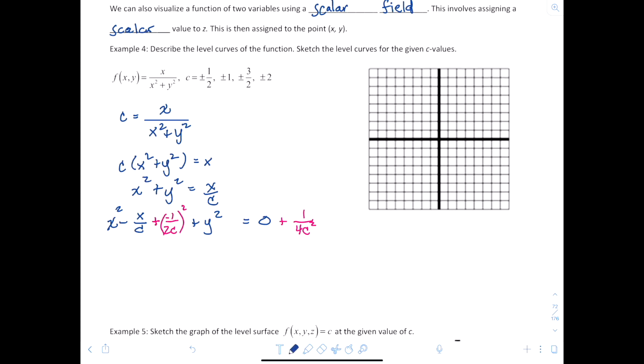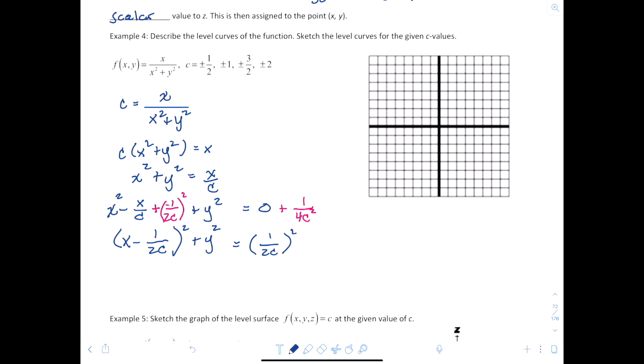So on the left side here, we would have x minus 1 over 2c, the quantity squared, plus y squared, is going to equal the quantity 1 over 2c squared. Cool so far?